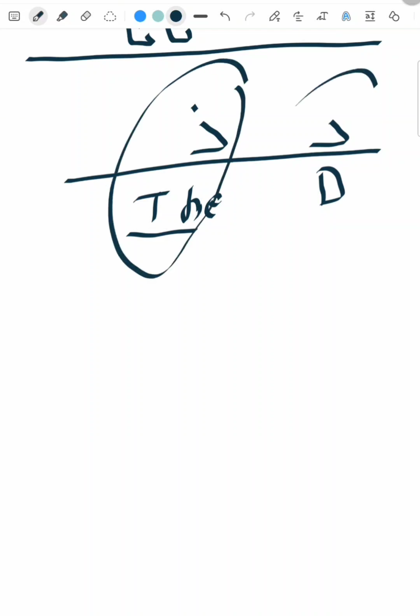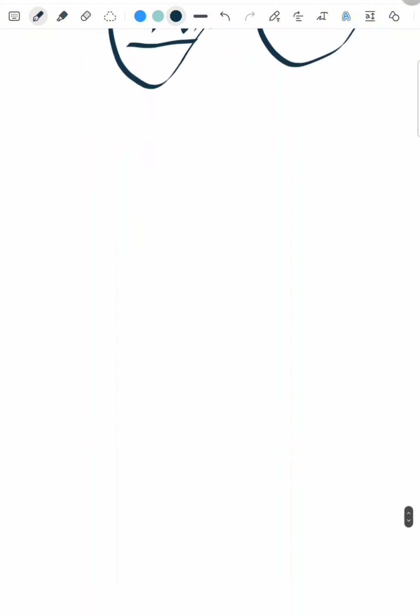We have the letter D and the letter TH, which is D and the TH from the. Okay, again, let's do it again. Keep writing. The more you write, the more you learn. That looks ugly.